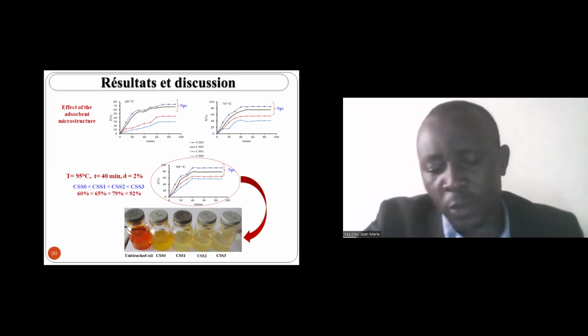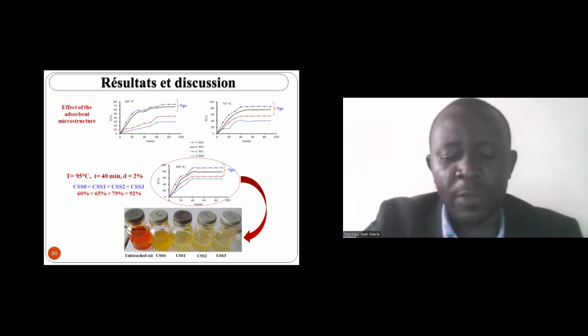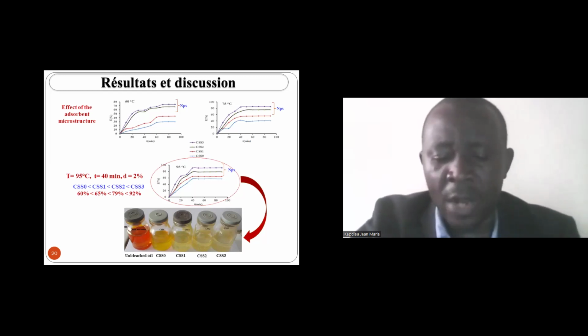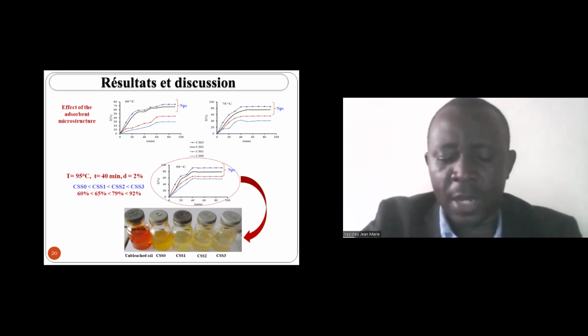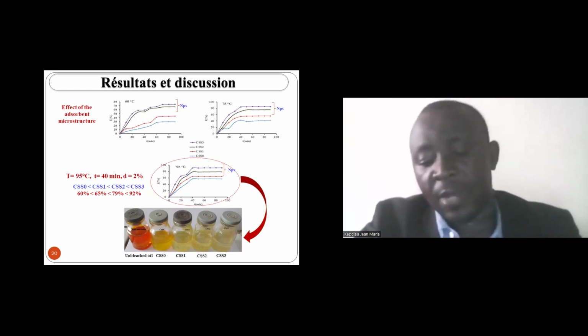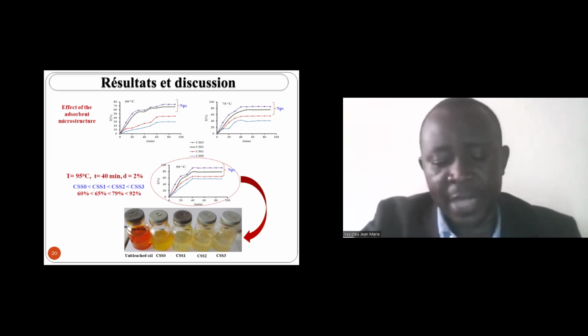The role of the adsorbent structural configuration can be pointed out to understand the variation of the bleaching capacity from one adsorbent to another. The structural configuration is the main difference between the considered adsorbents and also an important parameter that can determine the availability and the quality of active sites of the adsorption.